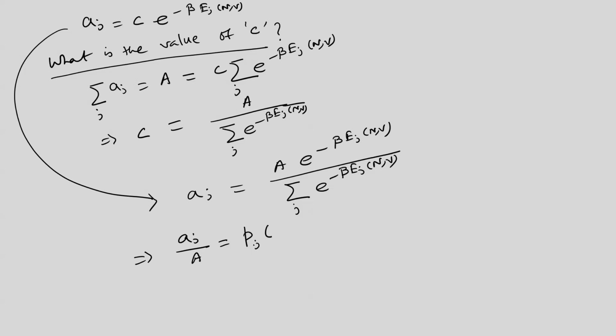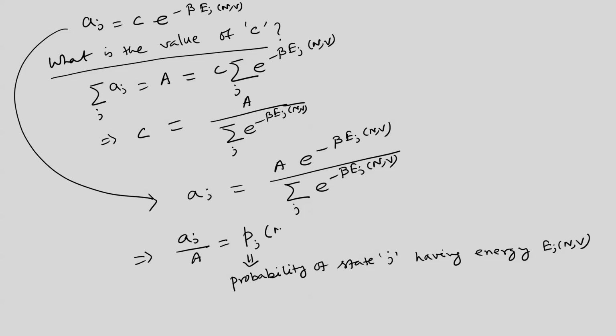So, PJ is the probability of state J having energy EJ.